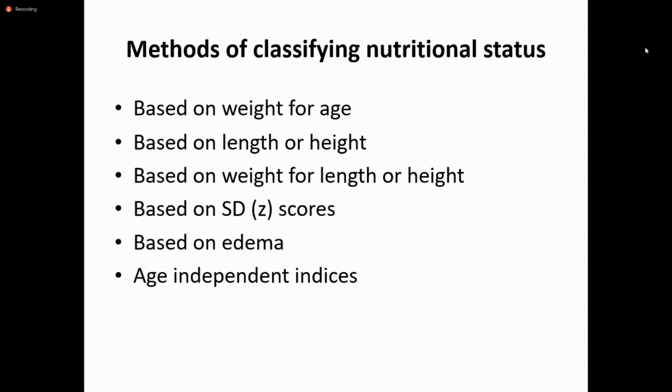Another parameter you should not forget is weight for length or height. The first one depends on age, while weight for length or weight for height depends on a certain length.